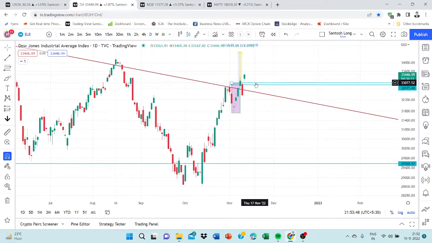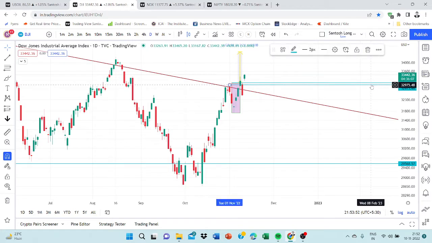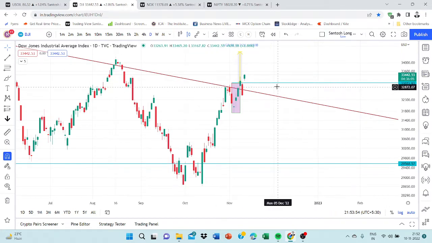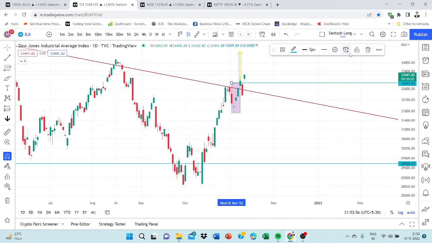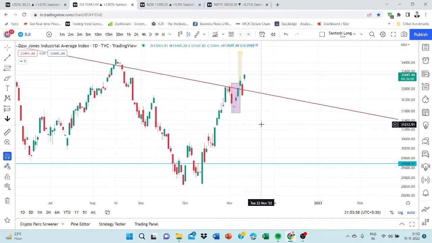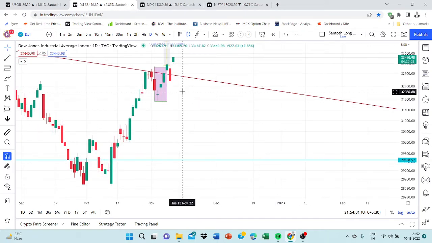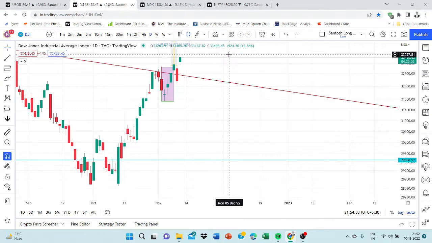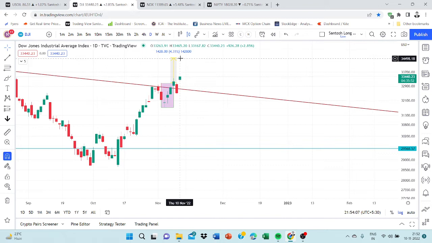I put some alerts here, and that helps me decide what Nifty is going to do the next day. This is my target actually, and Dow Jones should minimum go to this level, 34,548, or 34,540, or 34,500 level.